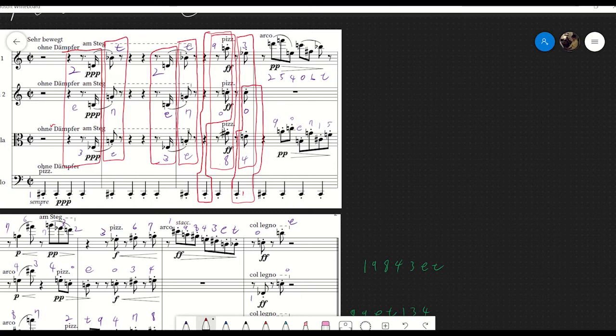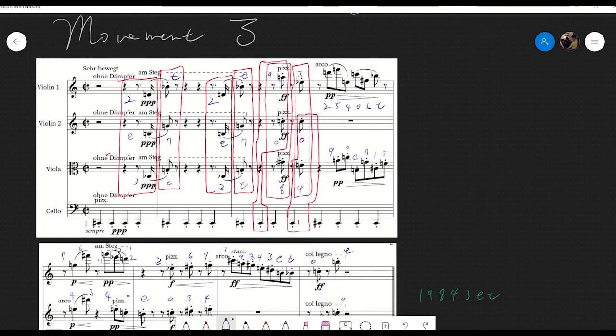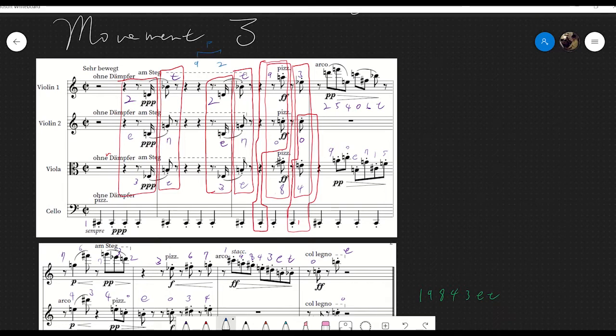Good. Now let's take a look at set class 3-4. Set class 3-4 is 0-1-5, so we need to look at a perfect fifth, or rather a perfect fourth. We have, let's say, D to A, or A to D, which is a perfect fourth, and then we have a half step in between.